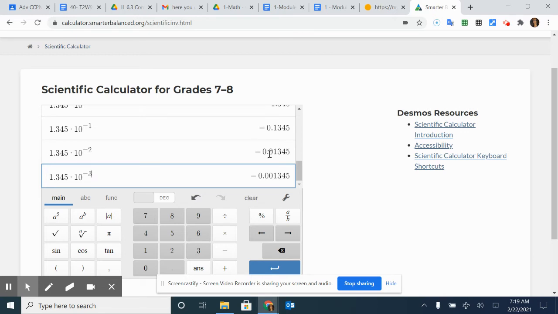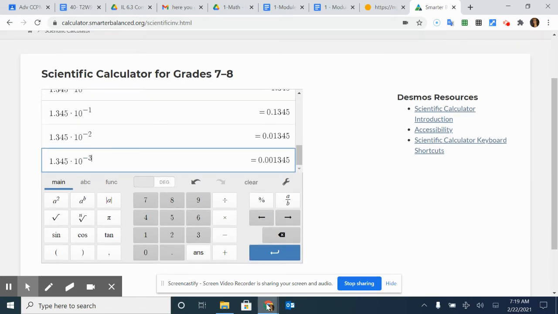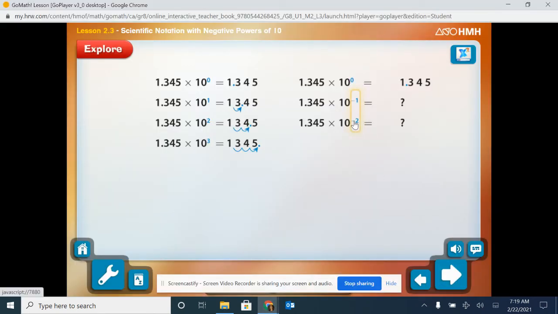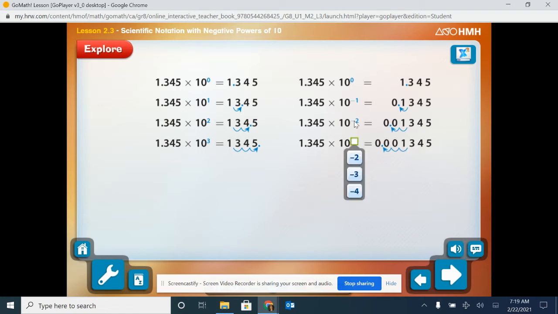That's why you see that 0 in the front. Awesome, I love this. It's going to move the decimal that many places to the left. When the sign of the exponent is negative, we move the decimal point to the left. The exponent tells us the number of places to move. Now find the missing exponent.